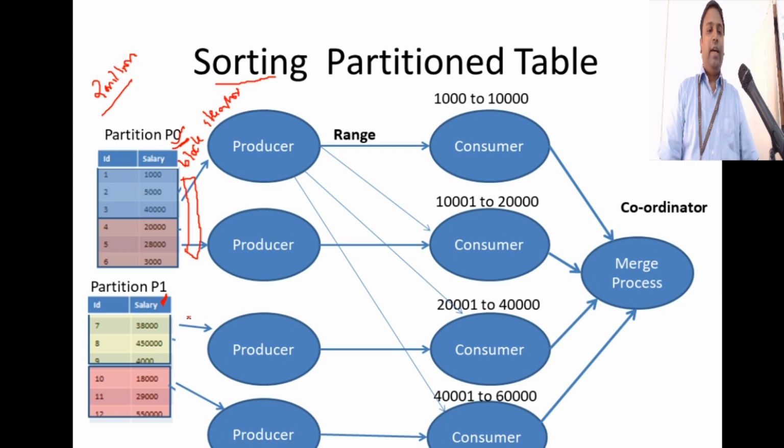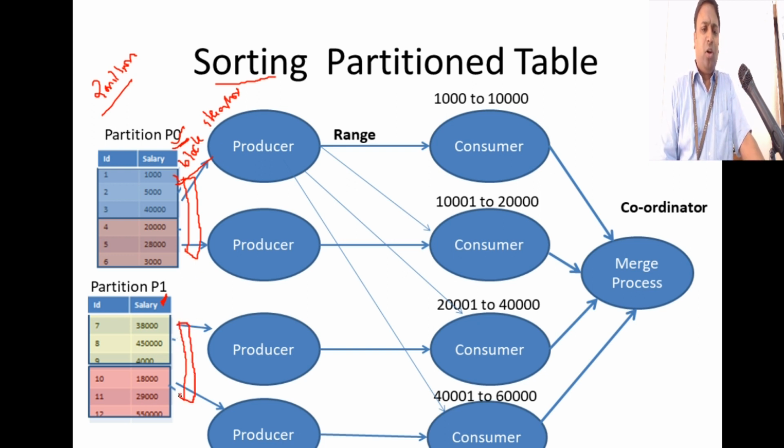What this block iterator does is it splits the records into a set of blocks and gives them to each producer. So a producer can read records from the table in chunks of blocks. We are not directly matching it as one producer goes to one partition and takes the records. It's purely based on blocks. So block iterator means a producer uses a set of blocks and reads the records from the table.